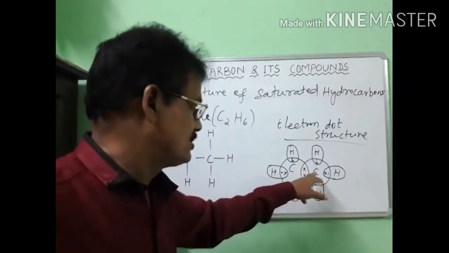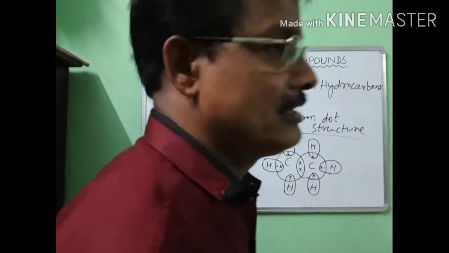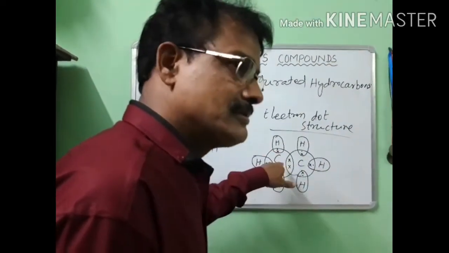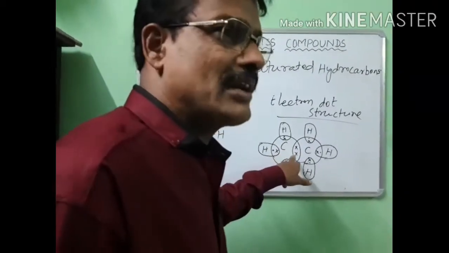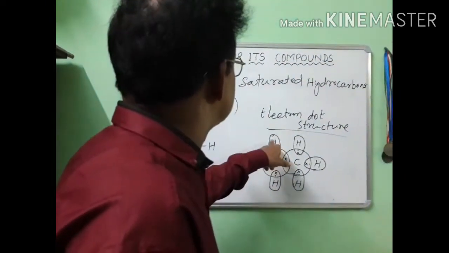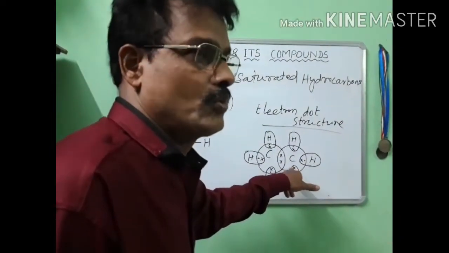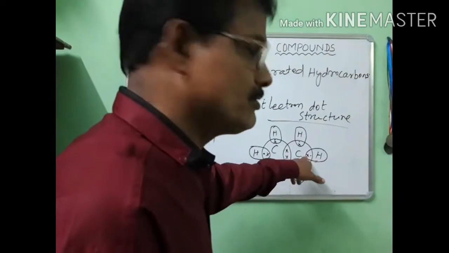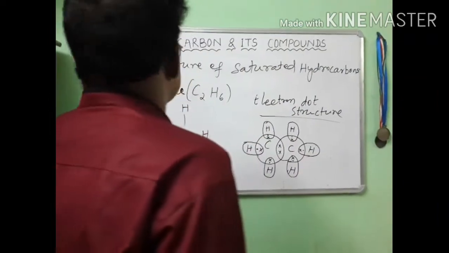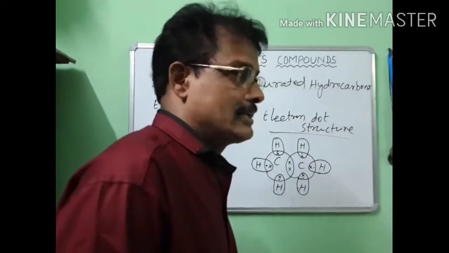In this case, the two carbon atoms make their tetravalency with three hydrogen atoms each. Each carbon atom makes its tetravalency with three different hydrogen atoms and with one carbon atom also.